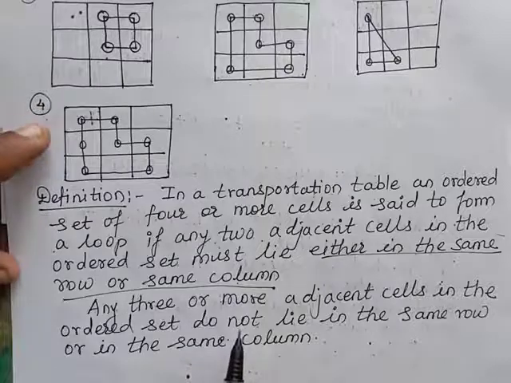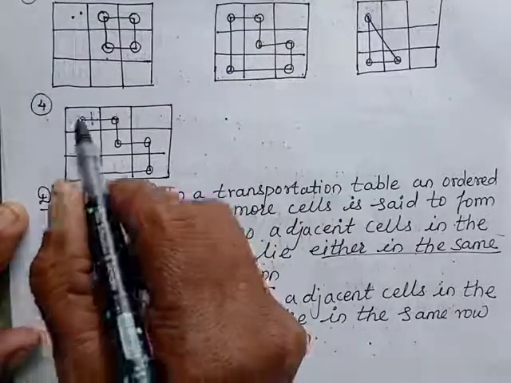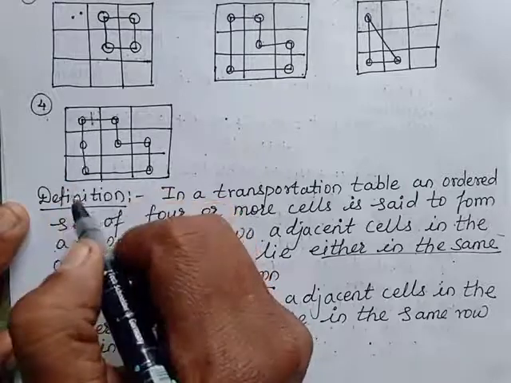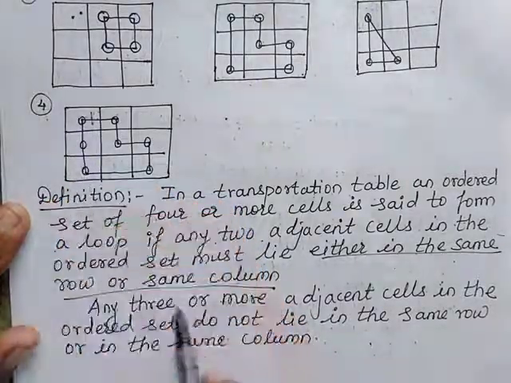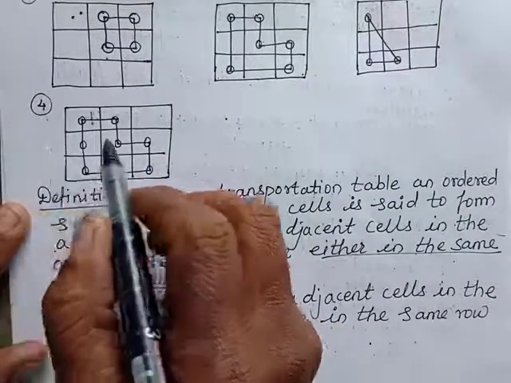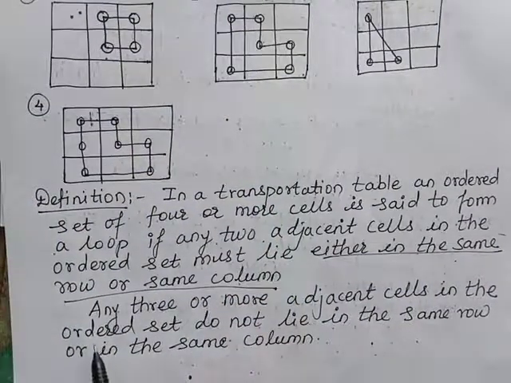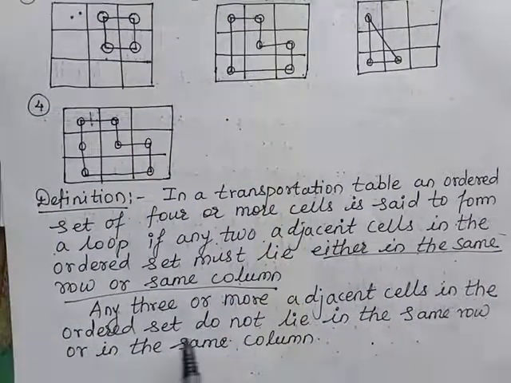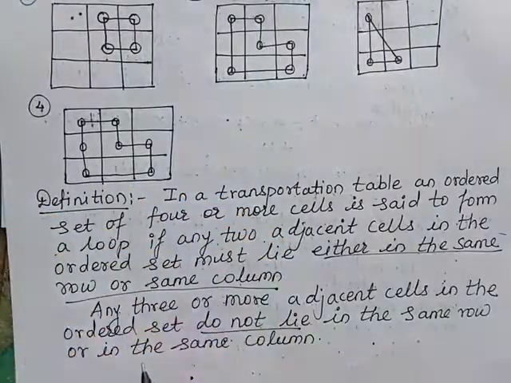Now the same thing is occurring in the fourth figure, or fourth table here. Look, these three allocations are in the same row or same column. This should not be a loop. What they say is, three or more adjacent cells in the ordered set do not lie. They shouldn't lie as such in a loop.